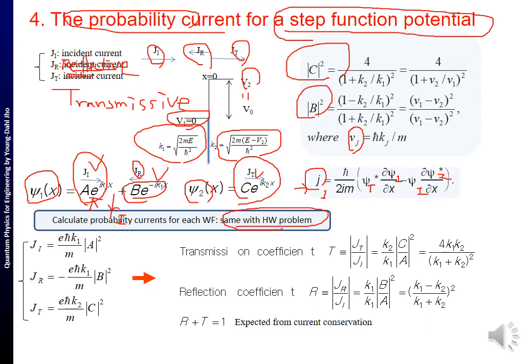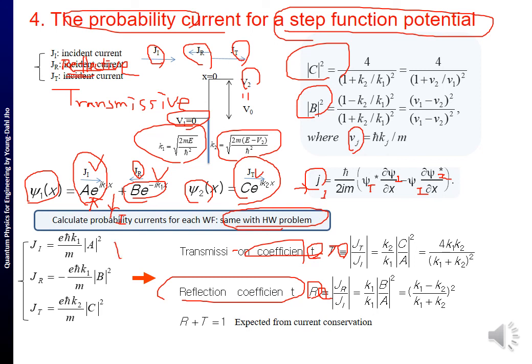Then the transmission coefficient, large T, and the reflection coefficient, large R, are defined. So this is actually a definition. It is J_T over J_I. The reflection coefficient definition is J_R over J_I.